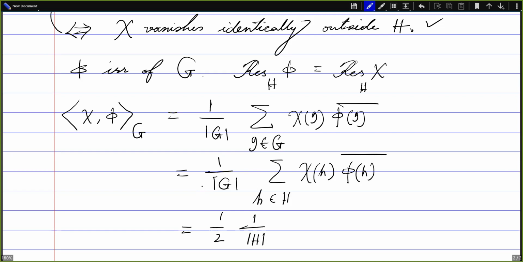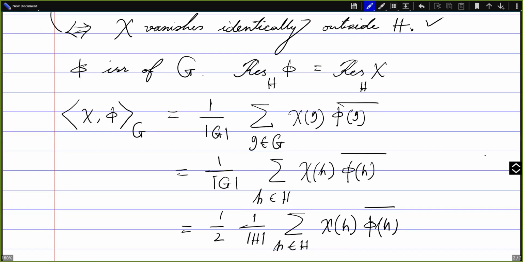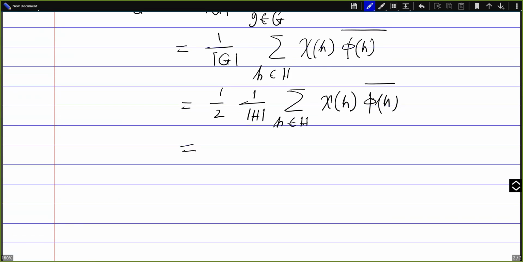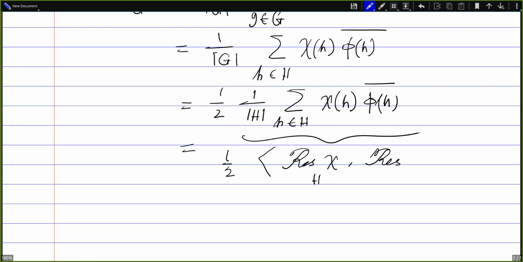Order of G by order of H is 2, so 1 by order of G is half of 1 by order of H. So this is just phi h bar. What is that actually? It is just the inner product of res chi with res phi.